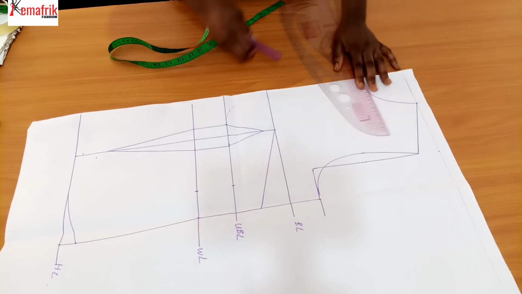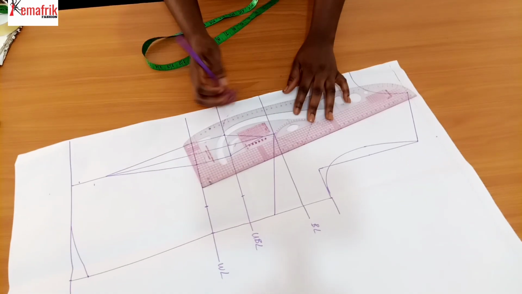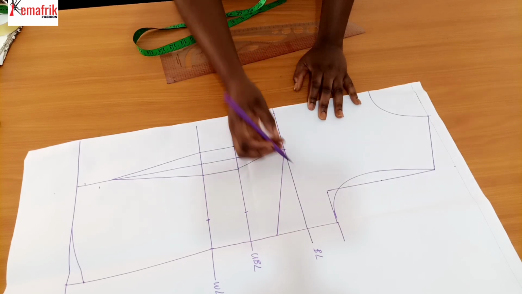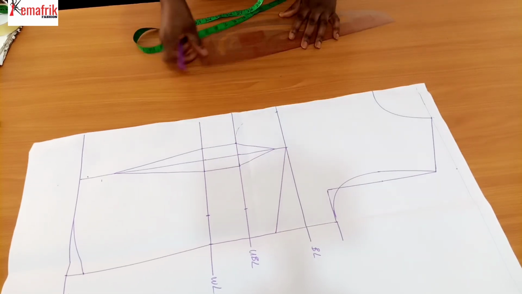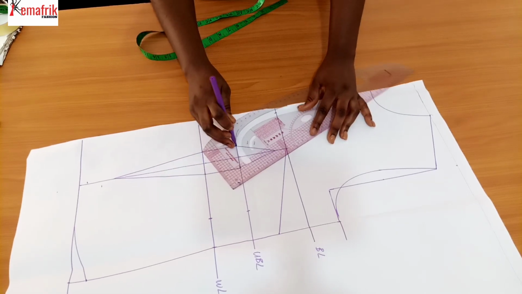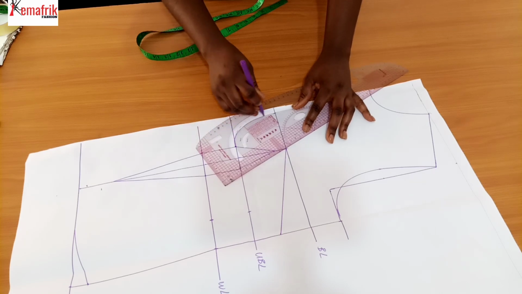I'll be connecting the base of the waist dart to the bust line along the center front. Initially I marked 1/2 inch inward, but you'll see later that I corrected this and connected it to the center.